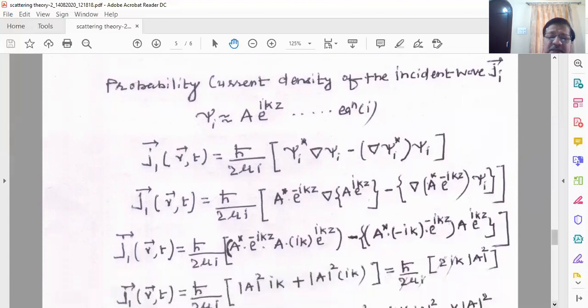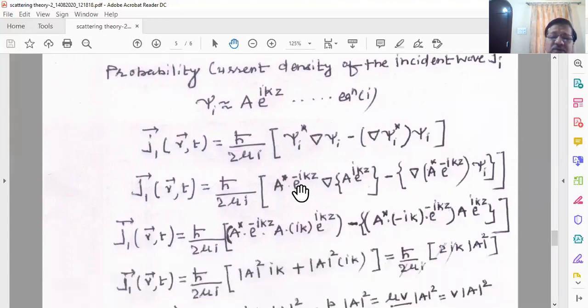Now let us once again proceed. You see, I keep this factor A star e to the power of minus ikz unchanged. So I'm keeping this as it is. Now the gradient of this is nothing but del by del z of A e to the power of ikz.